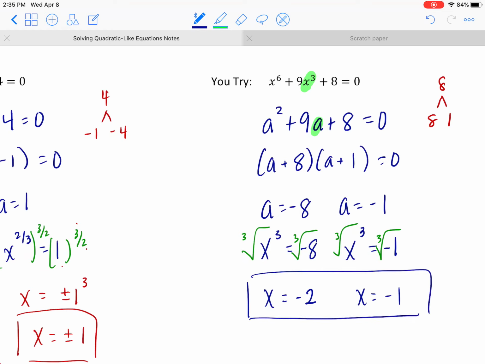And then if we cube root this side, we get x equal to negative 1. 2 solutions. Gosh, I could make this so much more complicated. This can have 6 solutions. The other 4 solutions are in there.